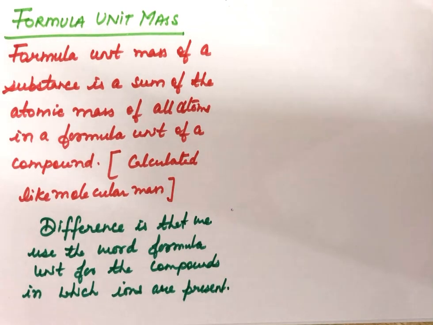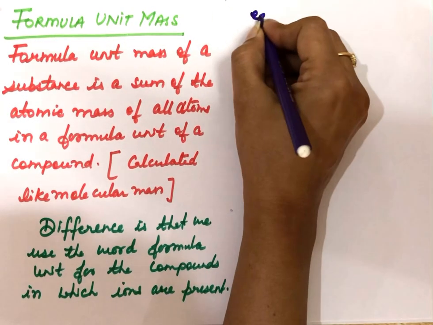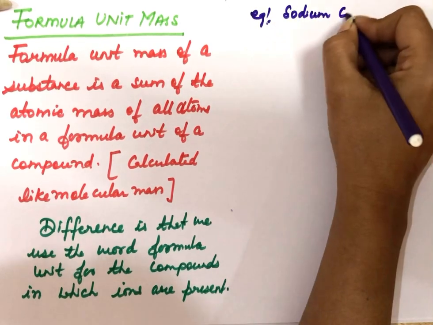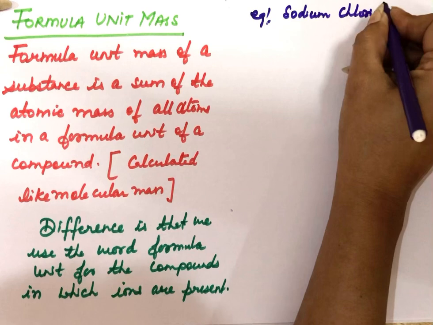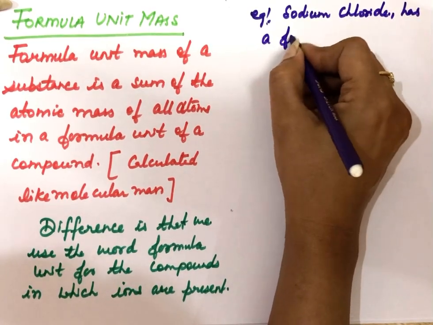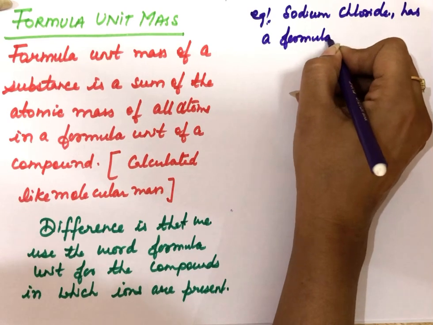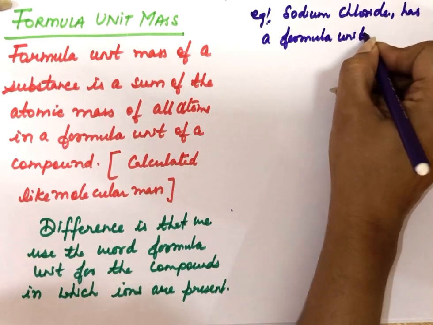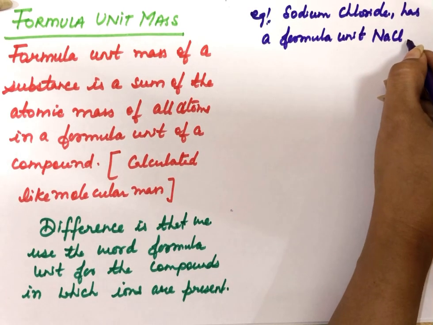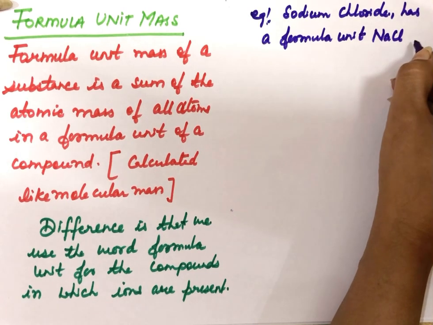So example of this one I'm taking is NaCl, sodium chloride. A formula for its unit is NaCl, where Na is positive ion, Cl is negative ion. So in this, ions are present.